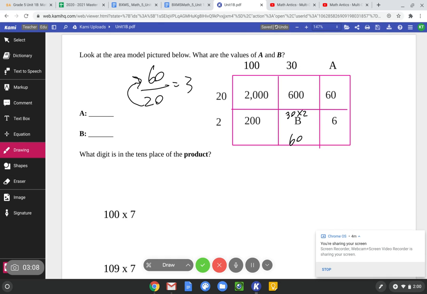So if I say A is 3, let me check that. That works in this situation. But does it work in this situation? 3 times 2 equals 6, and that checks out. So A equals 3 and B equals 60. Always check your work.